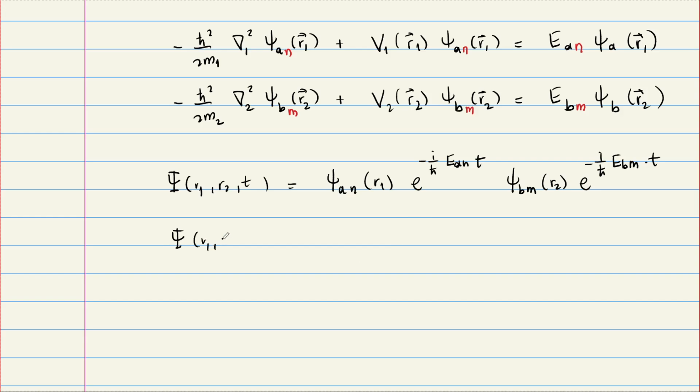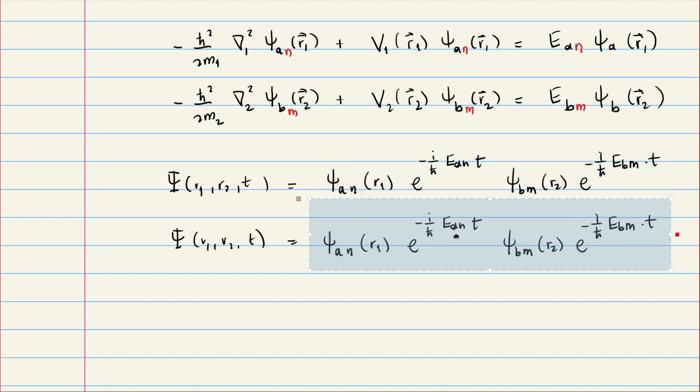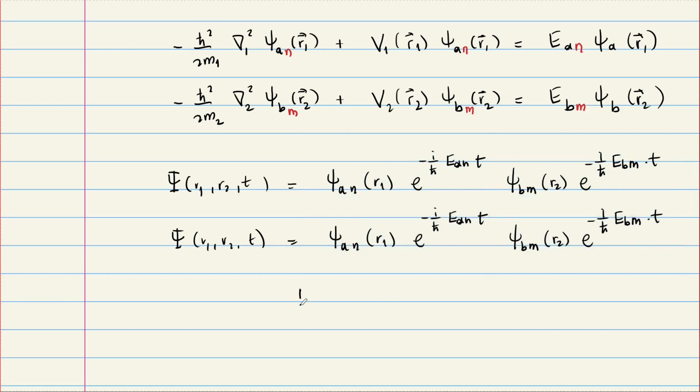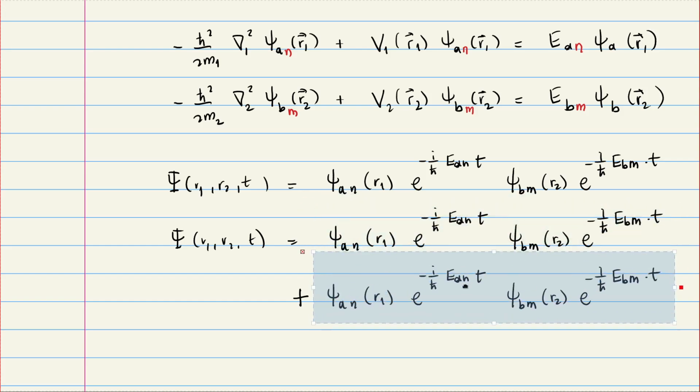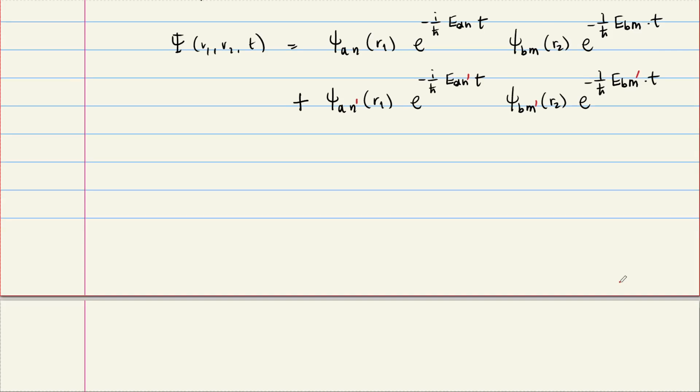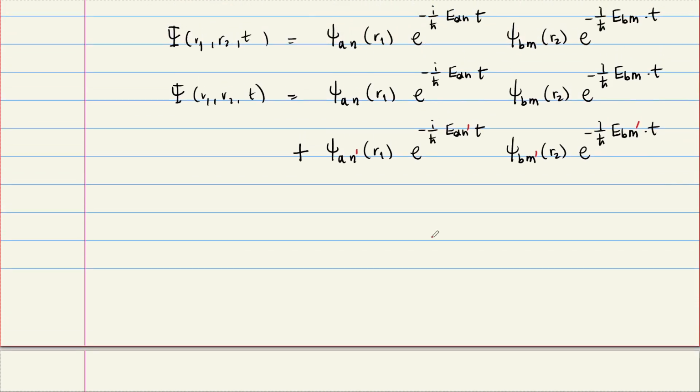Psi of R1, R2, t is equal to, let me call it n and n prime, this thing plus, and wherever I see n, I will put m prime. So this is also a solution. If you have any doubts, you can plug this in and all derivatives cancel each other and satisfy the Schrödinger equation.